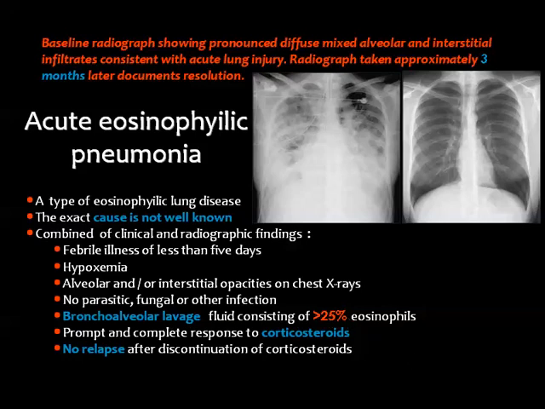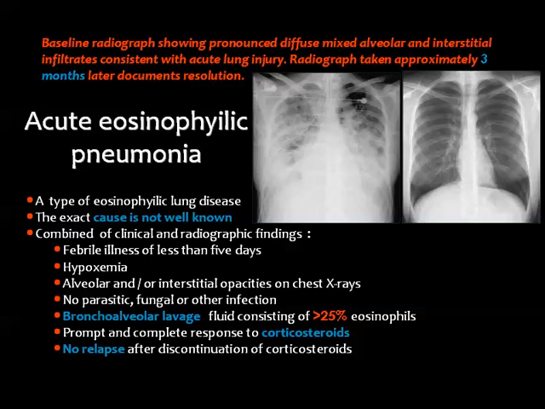But one of the big issues in clinical practice is that you see in the chest X-ray what looks like pneumonia. The patient is feverish, exactly like a patient with pneumonia. You give him antibiotics, no response.